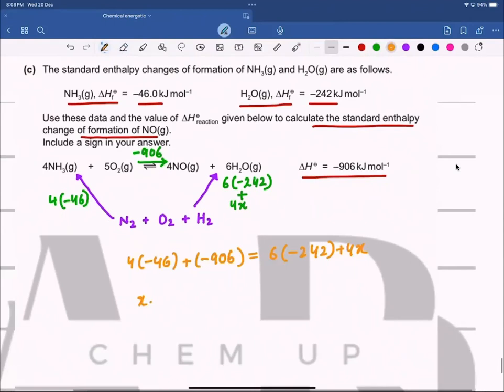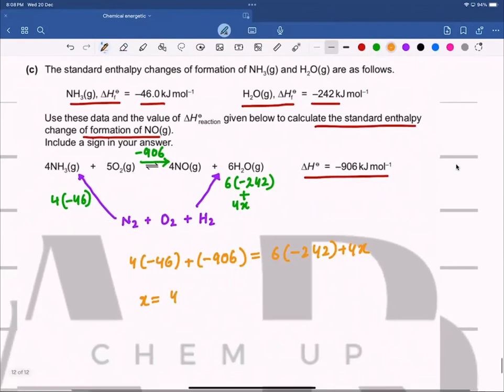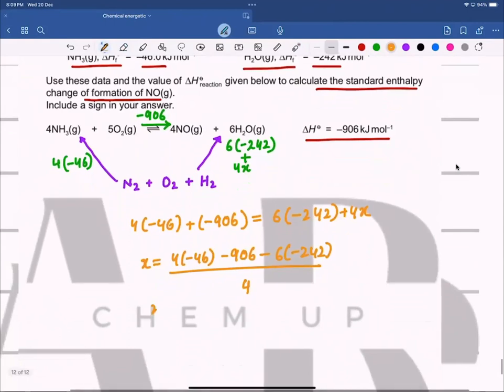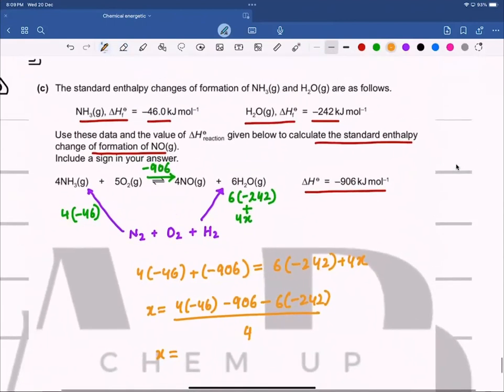So if I have to calculate the value of x, it is going to be 4 times minus 46, plus minus makes it 906, and minus 6 times minus 242, divided by 4. Now, if you calculate the value of x, it will be the enthalpy change of formation of nitrogen monoxide. Is it understandable how I have attempted this question?